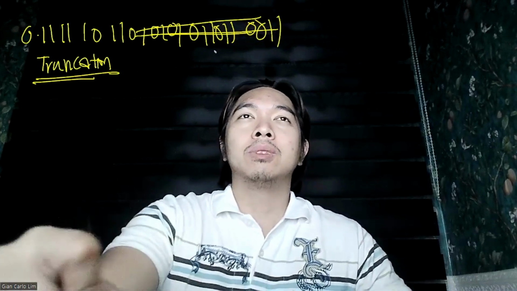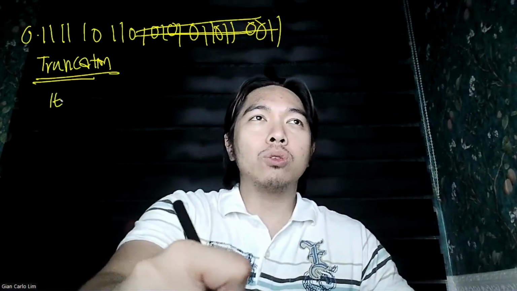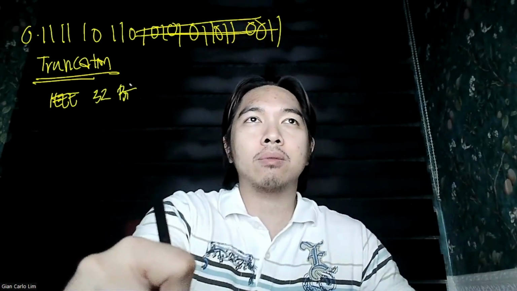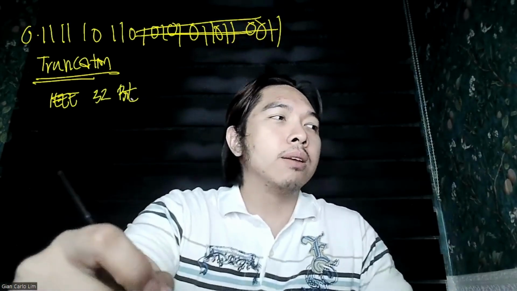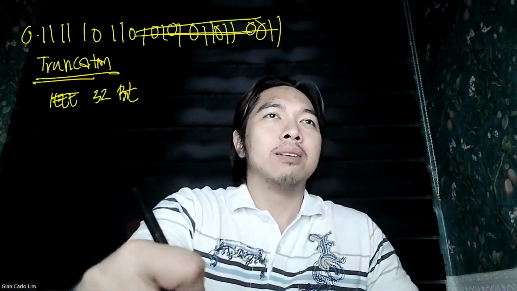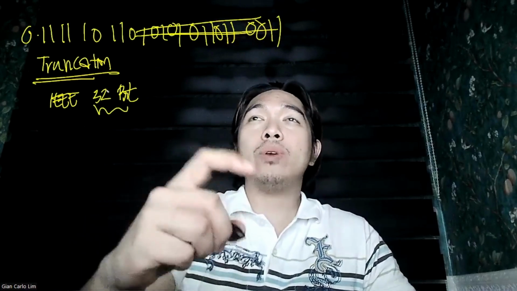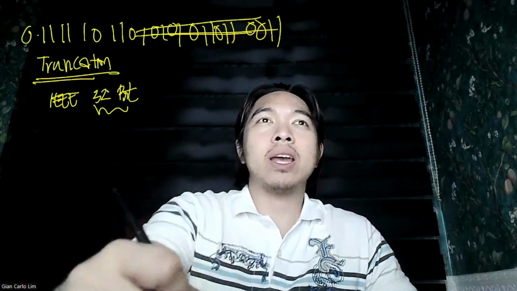In IEEE single float, we only have 32 bits to represent that. And if 32 bits is not enough to represent that, how do we make it more accurate?